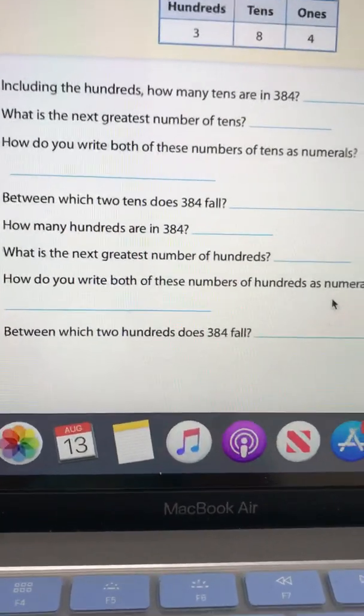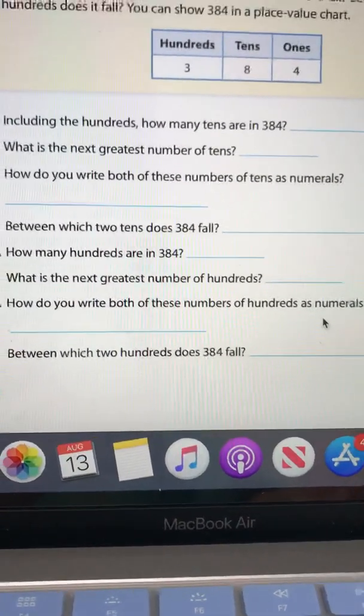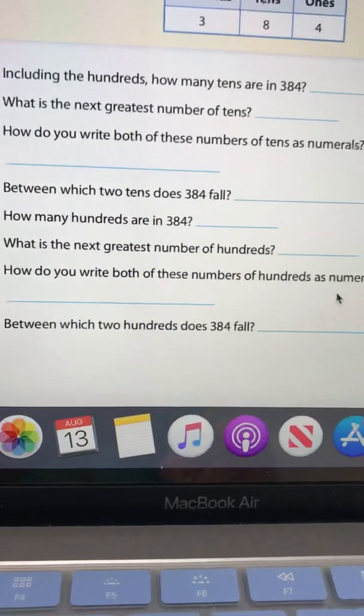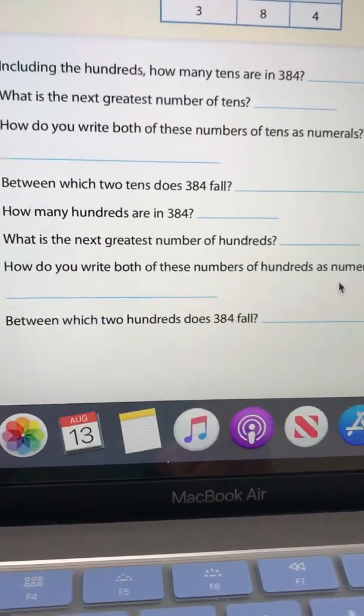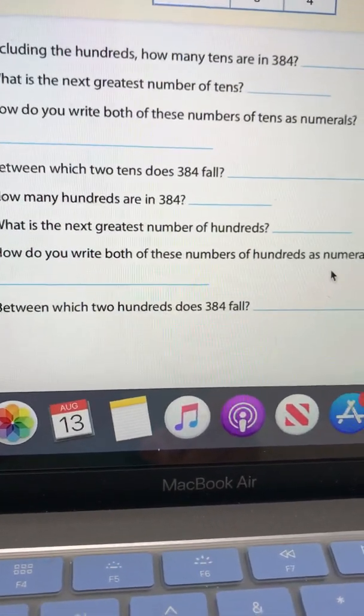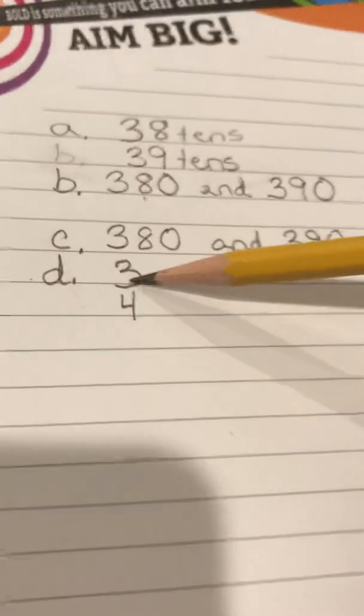The second question says, what's the next greatest number of hundreds? If I move up from 300, what would come next? 400. So on letter D, we're going to put 3 in the first blank and 4 in the second blank.